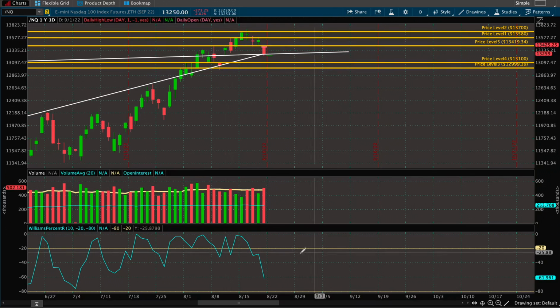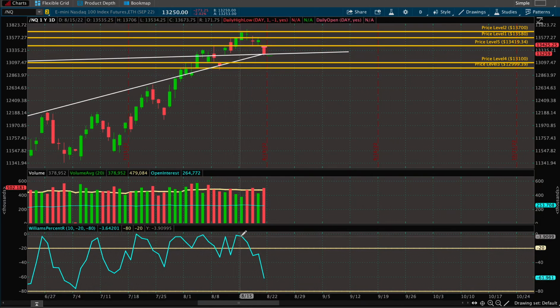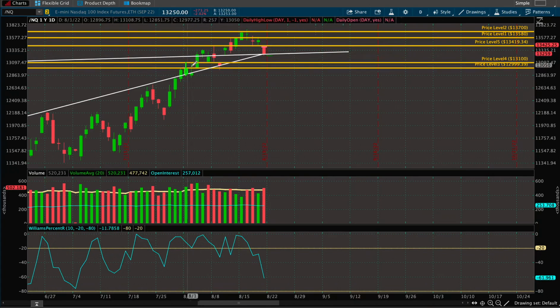I want to bring up here that as of now on the daily chart, we were overbought, and we are heading towards the oversold area. So in the short time frame I am definitely bearish, but the bulls are still in control if we hold these trend lines.